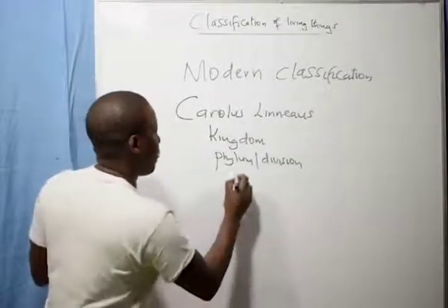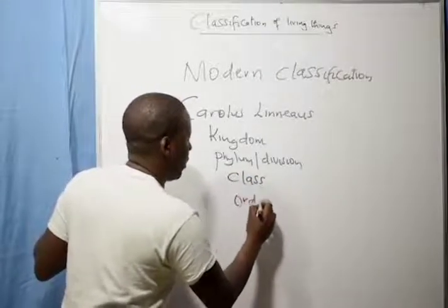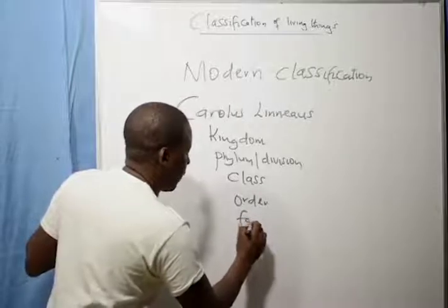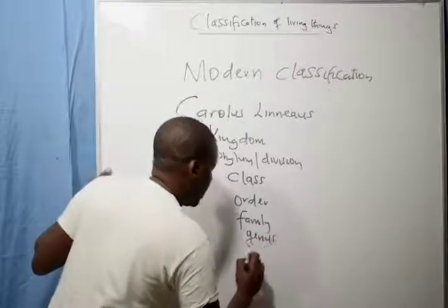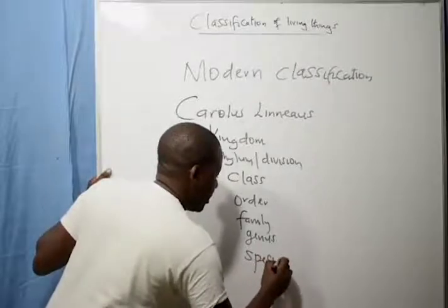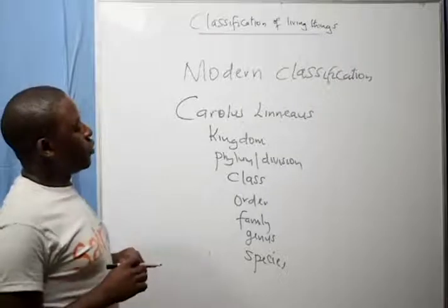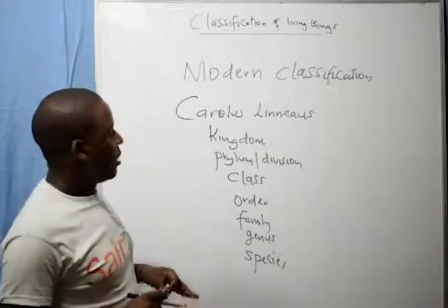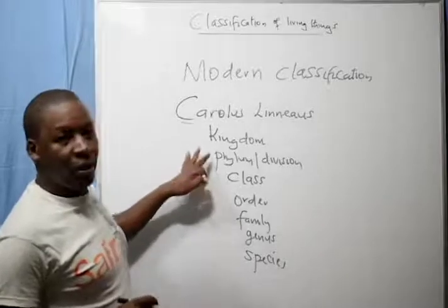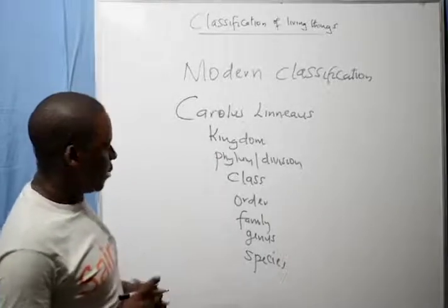Then we have class, order, family, genus, and species. Now, according to Carolus Linnaeus, living things he placed them into 5 major kingdoms.